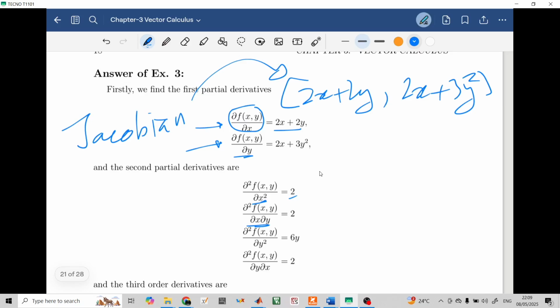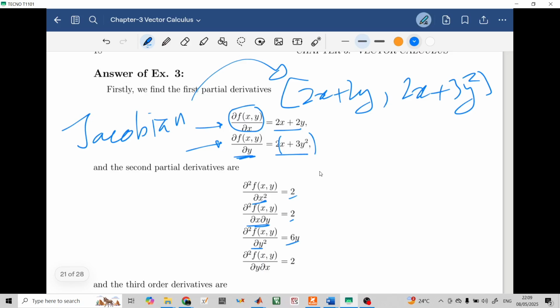So just look at this function. Derive it with respect to x, you get the same thing, you get 2, right? Now let's say that we want to find the derivative with respect to y twice. So you take this and you derive with respect to y, so you get 6y.